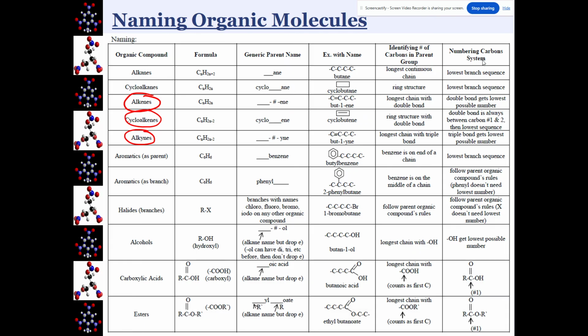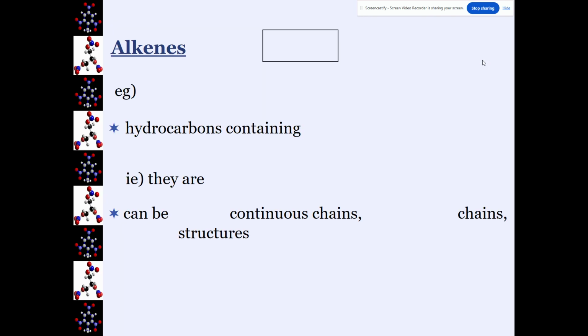Okay, so going into talking about what is an alkene. First of all, the generic formula for an alkene is hydrogens are double the number of carbons, and not plus 2 like the alkanes were. It's just double the number of carbons. So for example, C5H10, C20H40.